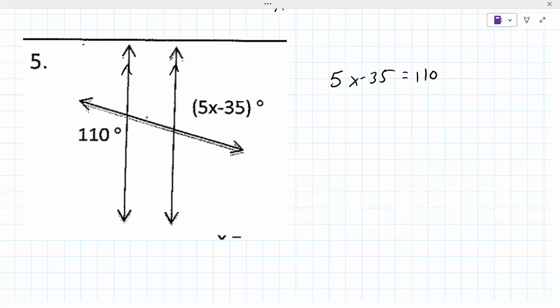You said 15? I think maybe you didn't solve this correctly. Do you add 35 to both sides? It should be bigger than 15.